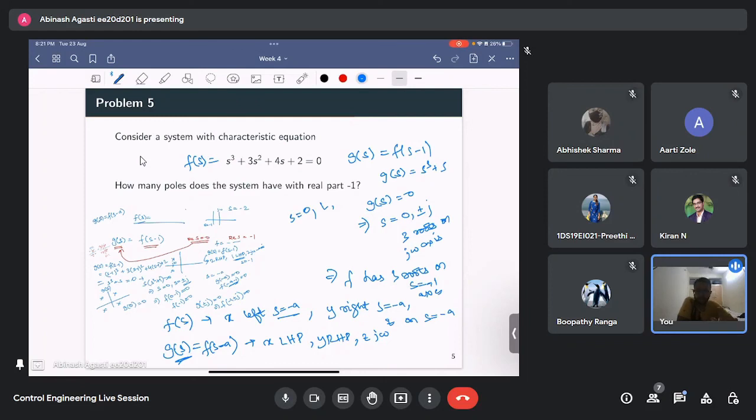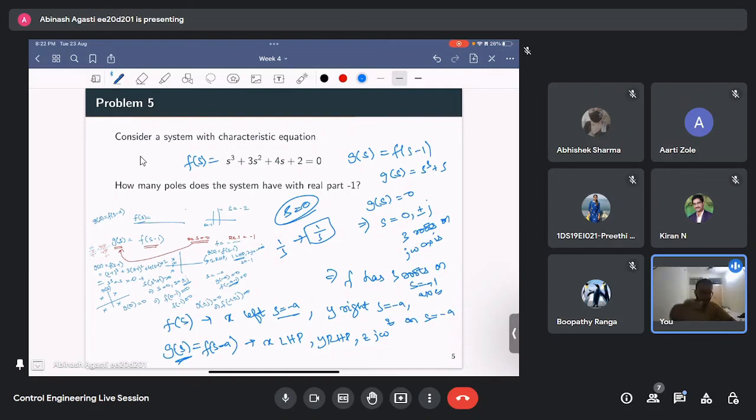See, this is actually a little controversial topic, but if s is equal to 0, then by the definition of BIBO stability, you would say that it is unstable, correct? Yes, because if you have s equal to 0, that is, say you have 1 by s, and you give 1 by s, which is a step input, it is bounded.